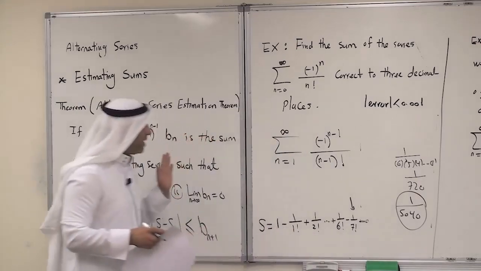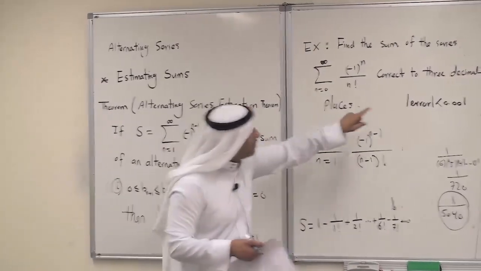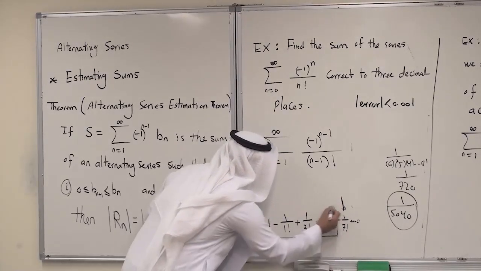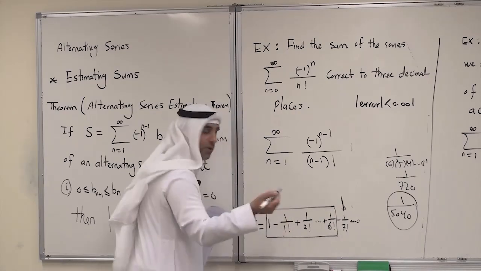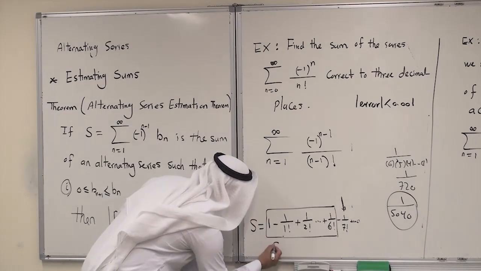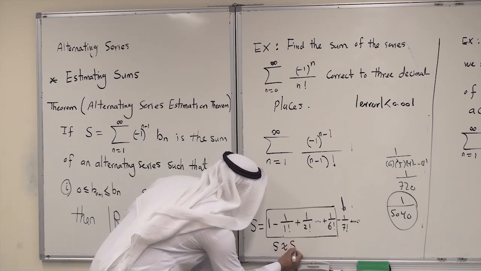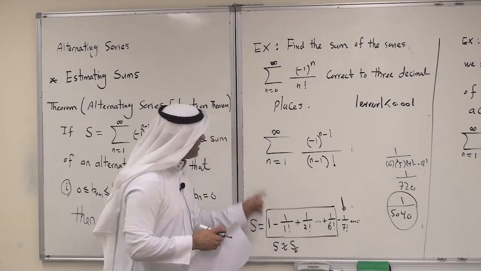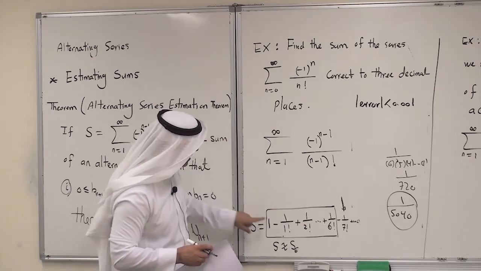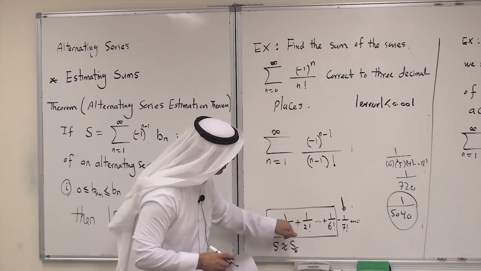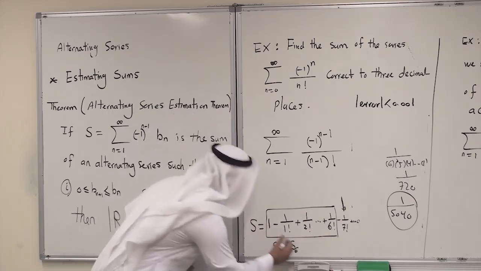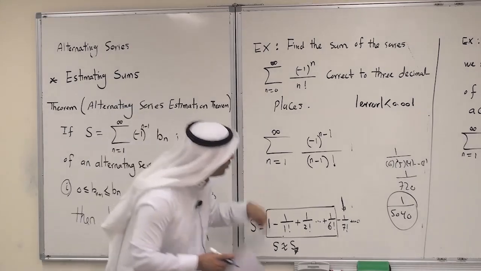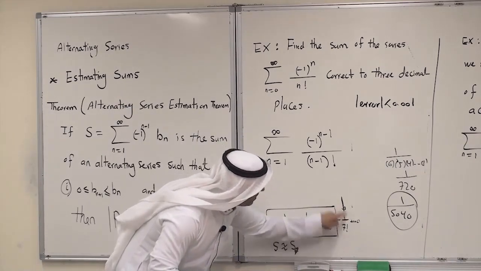Now, this theorem says if you need the answer accurate to 3 decimal places, stop here and add the previous elements. If you estimate S by using only the first 7 elements, that is S7, your error will be less than or equal to the next element, which is Bn plus 1.